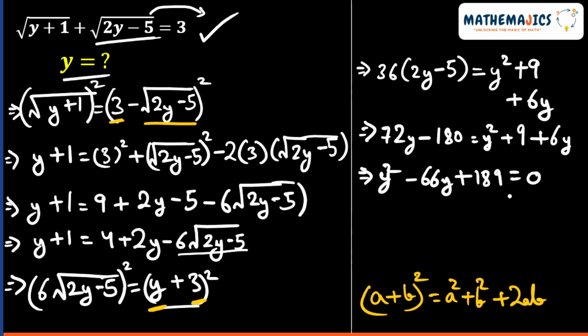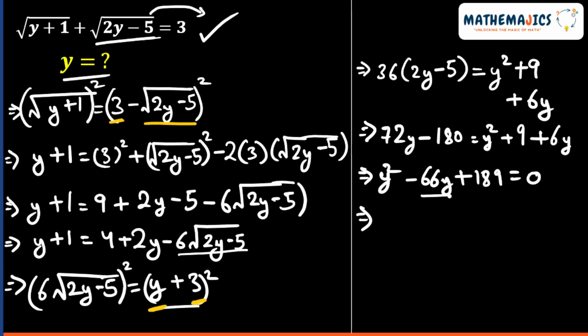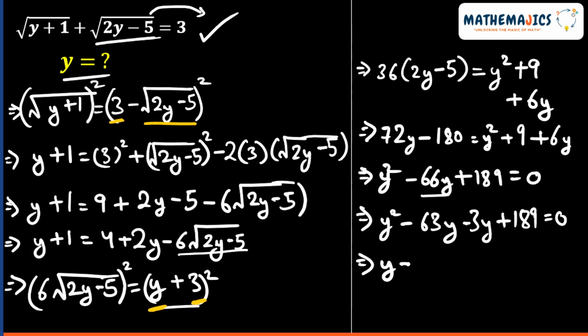After this step, we will do middle term splitting. Let's see what happens in middle term splitting. In middle term splitting, we can split this term as y square minus 63y minus 3y plus 189 equals to 0. This will further give us y minus 63, y minus 3 is equals to 0.